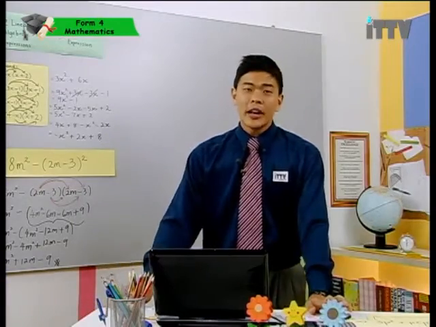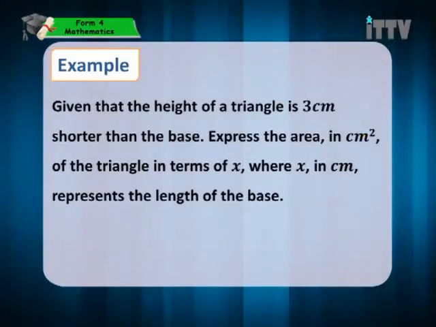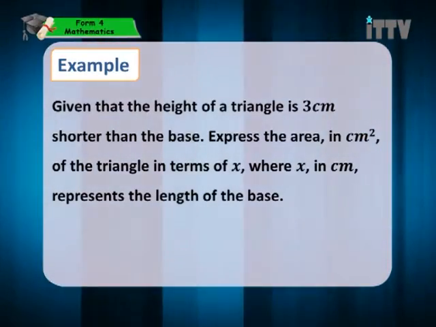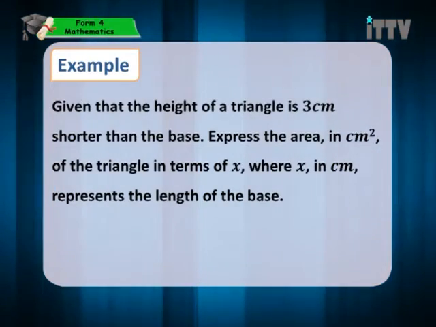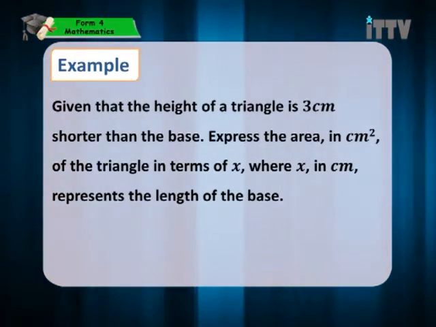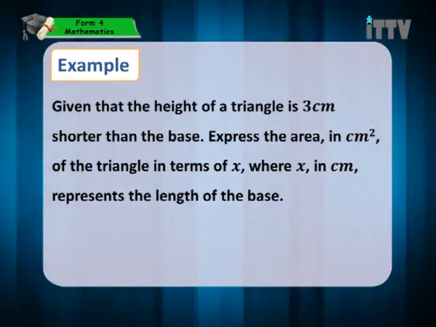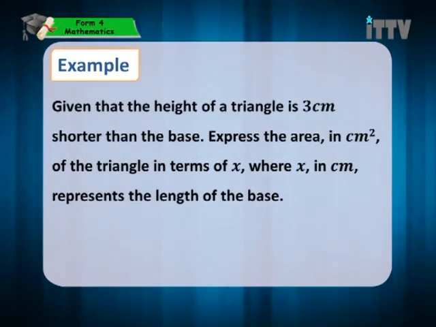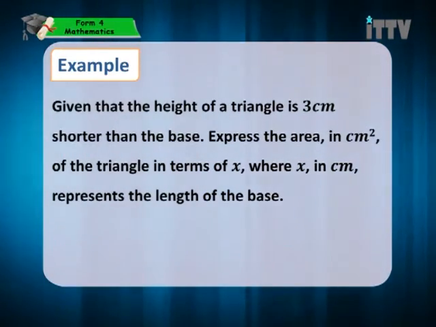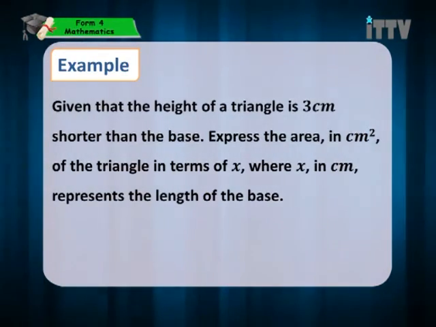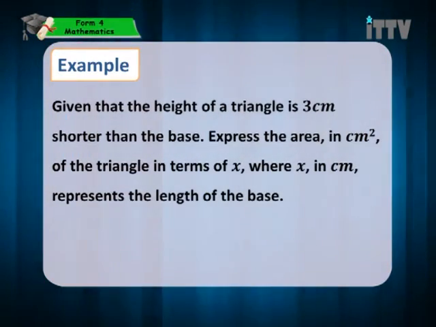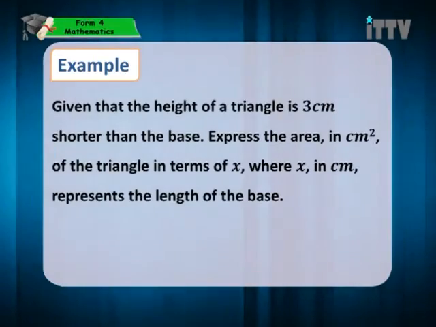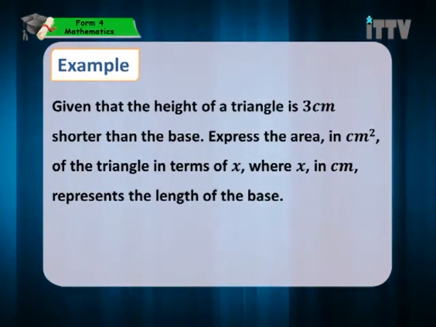Alright, now let's look at our first example. Given that the height of a triangle is 3 centimeters shorter than the base, express the area in cm square of the triangle in terms of x, where x in centimeters represents the length of the base.